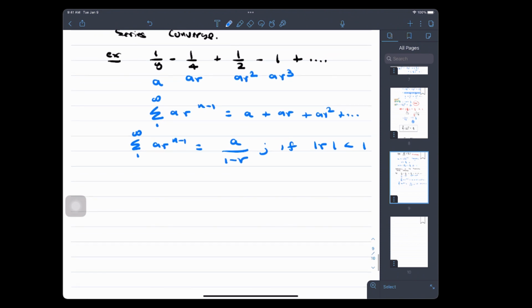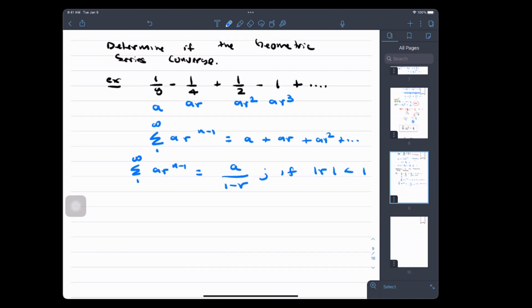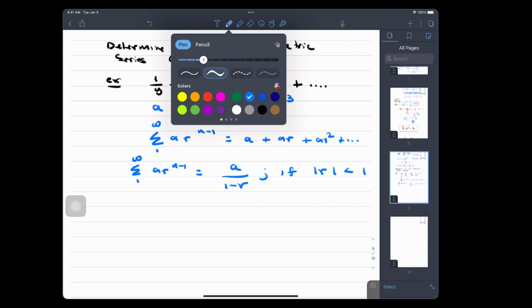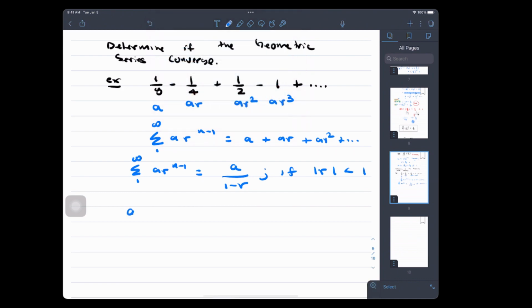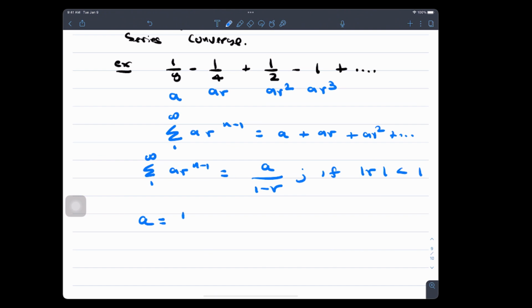All right. What'd you guys get? Anybody get anything? Well, does it diverge or does it converge? Remember, how do you do this? You're going to say A equals, 1/8.